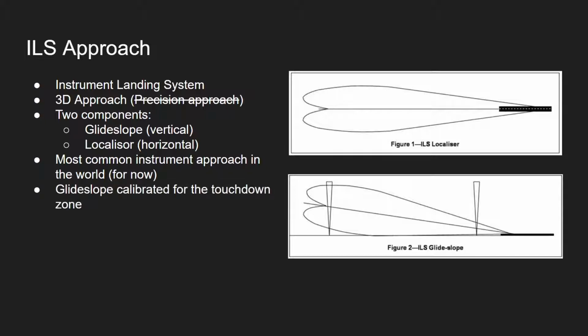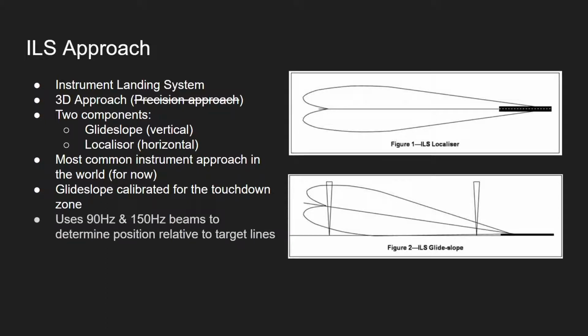The glide slope will be calibrated so that it reads 0 at the touchdown point, so that line will be down to the touchdown zone. The way it does that is the emitters for the localizer and the glide slope both emit two bands, two radio waves, at 90 and 150 hertz each.